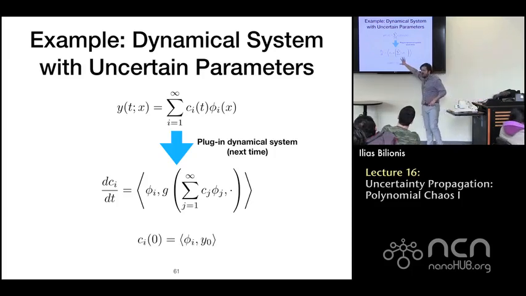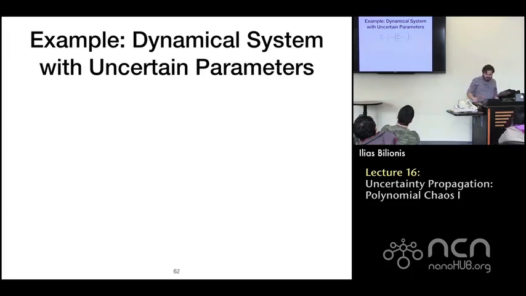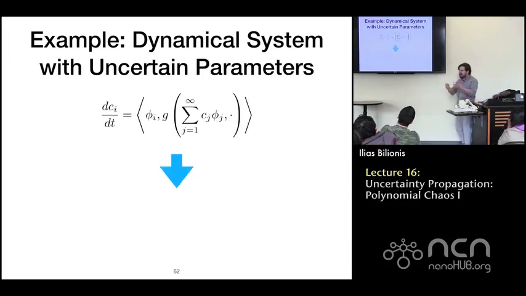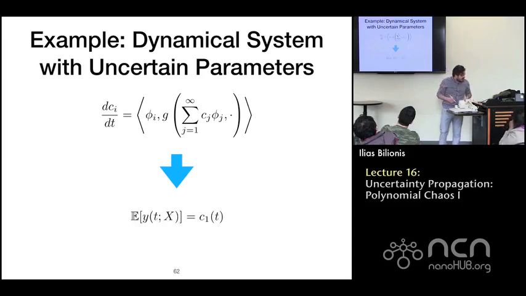This is what they are for this particular problem, and we will explain that next time. But once you have this dynamical system, you can solve for the coefficients as functions of time, and then you can estimate the expectation of the dynamical system. It's just going to be the first coefficient.